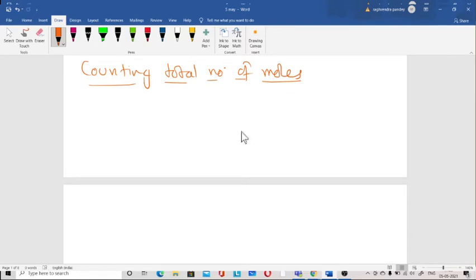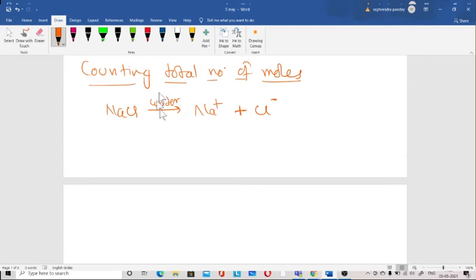Now in a mixture, many a time they ask you to count the total number of moles, and there are various applications of counting the total number of moles. In 12th class and in 11th class also, there are a lot of chapters which require counting. Now suppose we have NaCl in water, which dissociates into sodium ion and chloride ion.